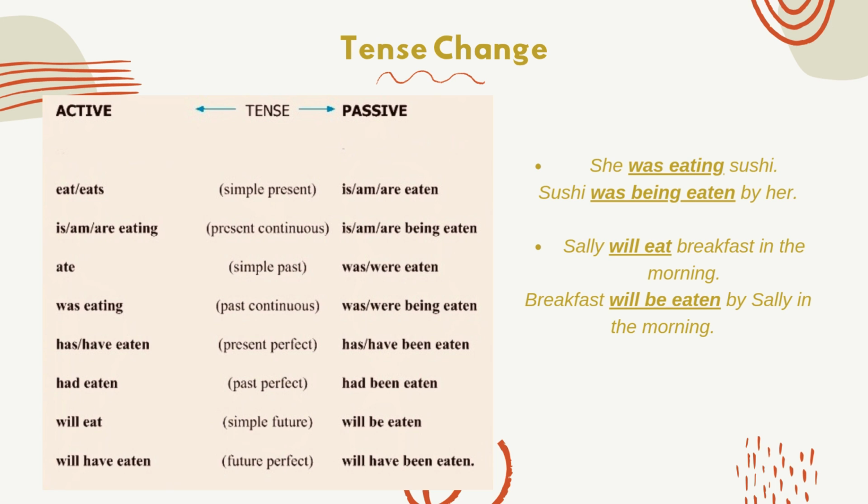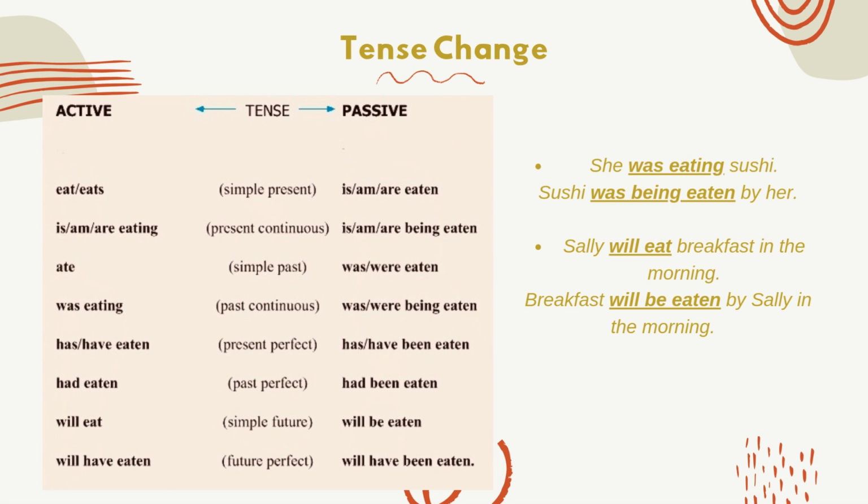How do we change it into passive? Let's do this together. In the passive voice, this sentence will become as follows. Sushi was being eaten by her. Okay, now looking at the tense change, which is our main focus now, was eating is in the past continuous.